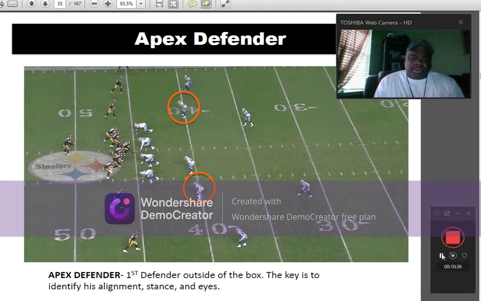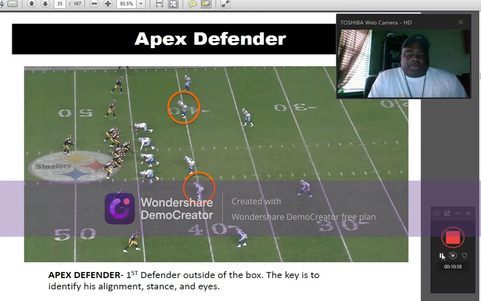If you want to play the nickel, you still have your 4 down linemen, and you still have the 2 linebackers. One could be spread out, and the other side could be a defensive back. They are basically called the apex defender because they are outside of your tackles, based on your slots.